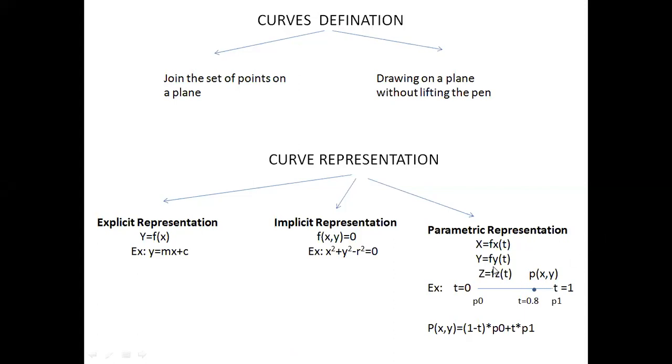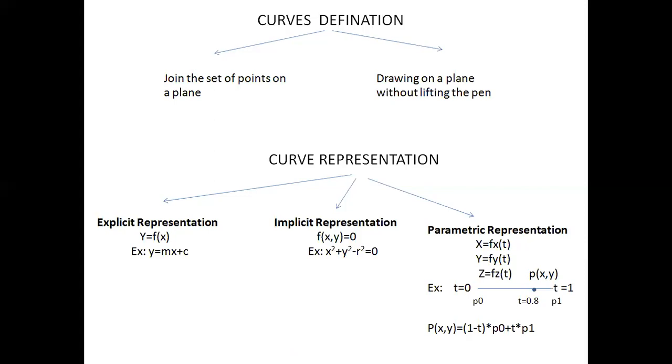That should directly strike our mind: x, y and z for a coordinate will be represented as functions of something, not direct values as we have seen till now.